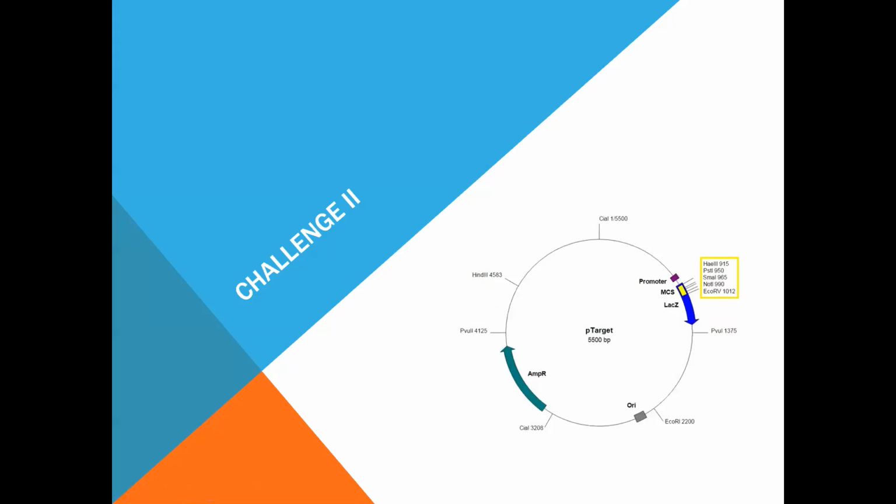SmaI. If you went HindIII to SmaI, the insert, or the piece, would be the right direction. But if you put it in with SmaI and EcoRV, it would now be upside down. And your gene is in reverse, it can't be read from that promoter.